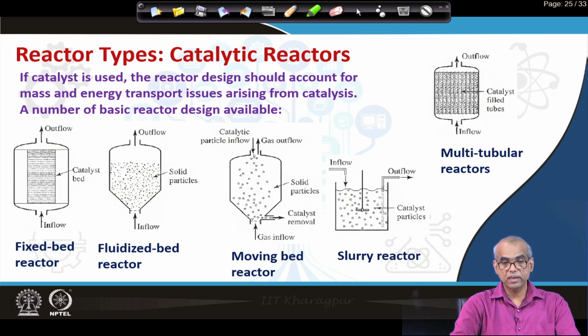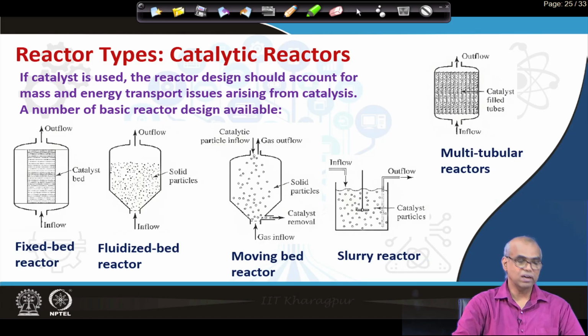A number of basic reactor designs are available, such as fixed bed reactor, fluidized bed reactor, moving bed reactor, slurry reactors and multi-tubular reactors. So, these are commonly used catalytic reactors. In all these reactors, we use solid catalysts.